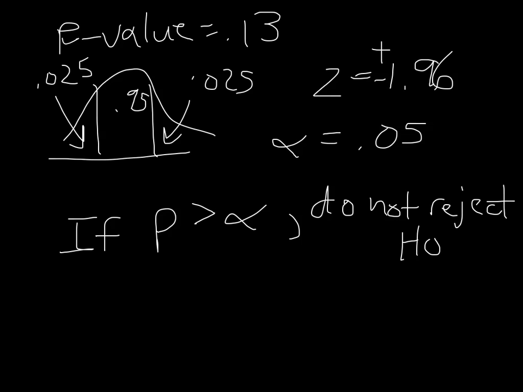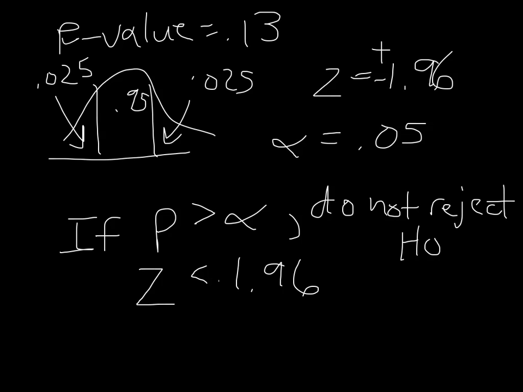You can come to that same conclusion by saying that the z value that you create is less than 1.96. Okay? These are synonymous. So when you plot your z value and compare it to the z that you calculated, you'll see that 1.96 would be further out than whatever your z value was.